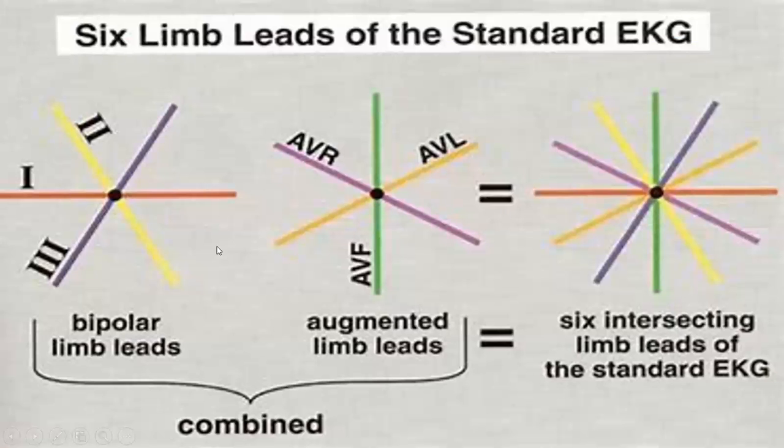When you add your 6 views from your bipolar leads and your 6 views from your augmented leads, that is how you get the 12 different views with your standard EKG.